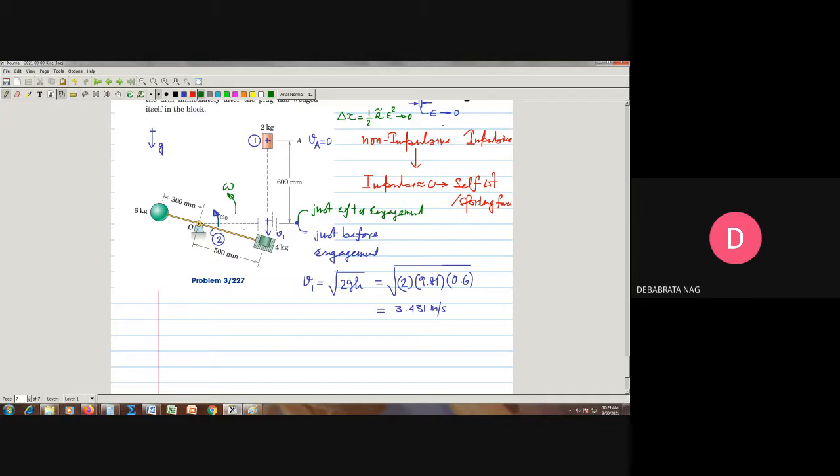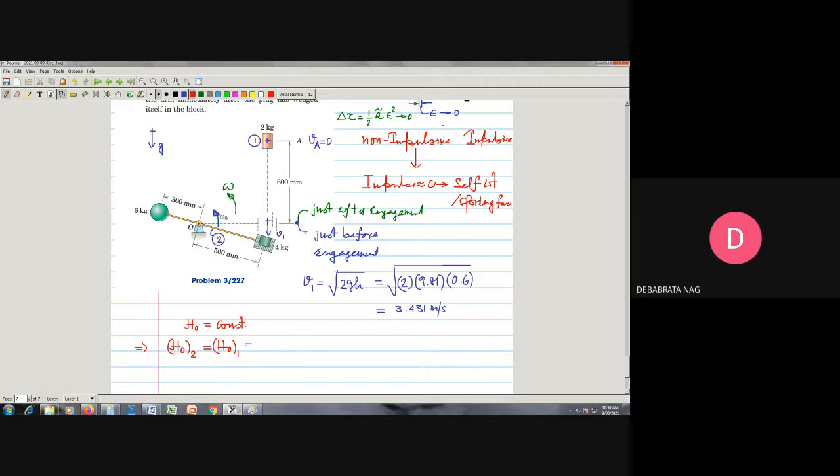So there are no other things acting on the system, and therefore about the point O, that means about this axis of rotation, the conservation principle of angular momentum holds good. The angular momentum HO about point O is going to be constant, so HO2, the post engagement, is equal to HO1, the pre-engagement.